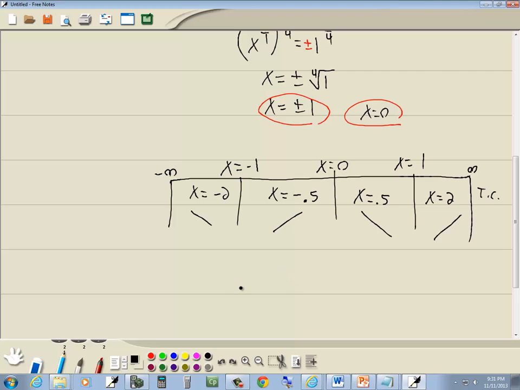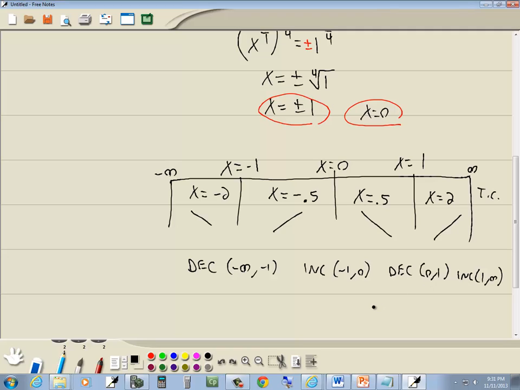So let me write that down. It's decreasing from -infinity to -1. Then it's increasing from -1 to 0. And then it's decreasing from 0 to 1. And then it's increasing from 1 to infinity.